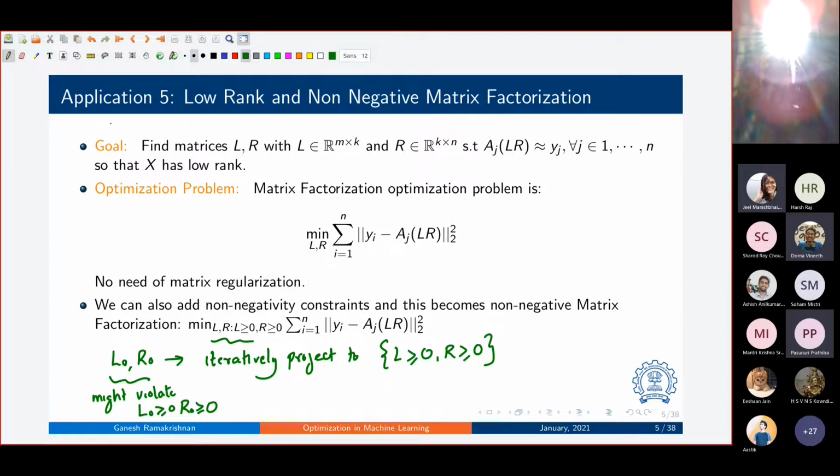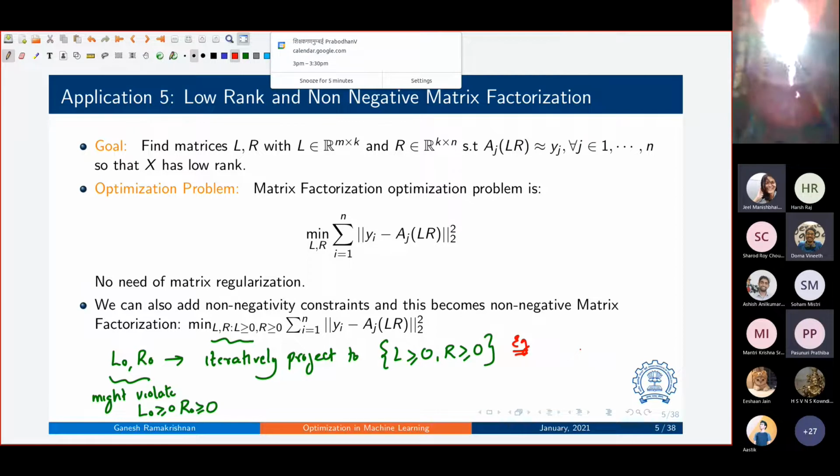So one such algorithm turns out to be as follows. Again, I will not get into details right now, but it would be something like this. You'll now look at what the ideal decomposition is. There's a matrix you're trying to reconstruct, L naught R naught, say the unconstrained version, and now you're trying to see your projected version.